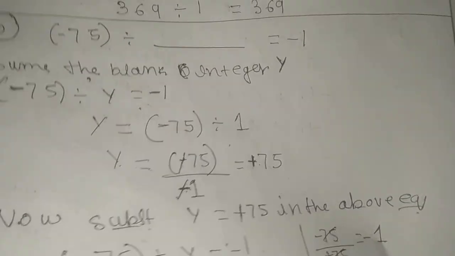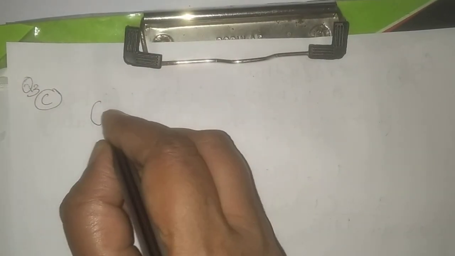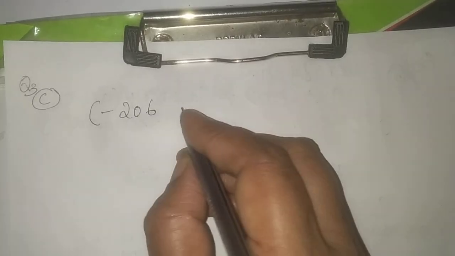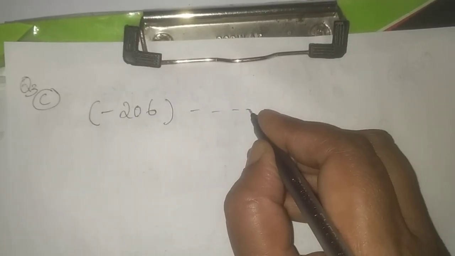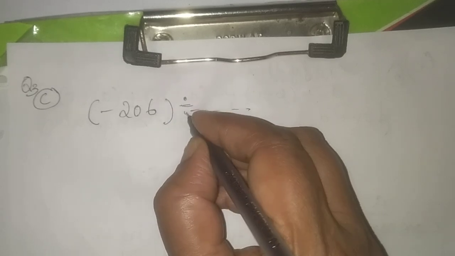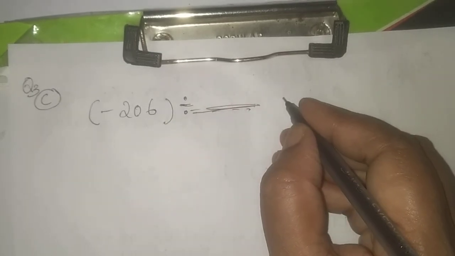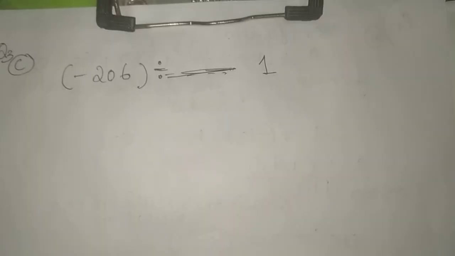We'll continue with the C. So C part. Question 3, C is minus 206 divided by blank is equal to 1.